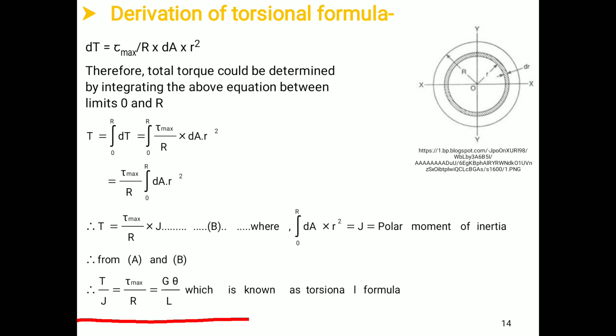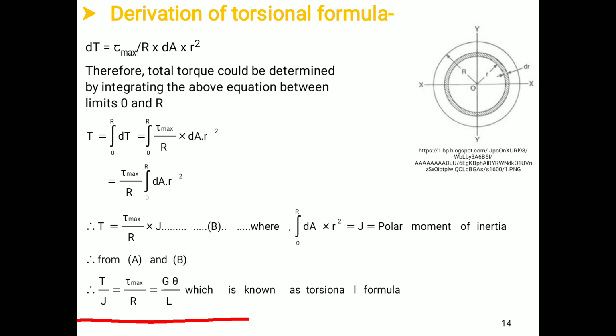So by considering the effect of shear stress on a small annular ring, we have determined the value of shear force, the internal resisting force. Once you know the value of shear force or internal resisting force, we can easily find out the moment of resistance.